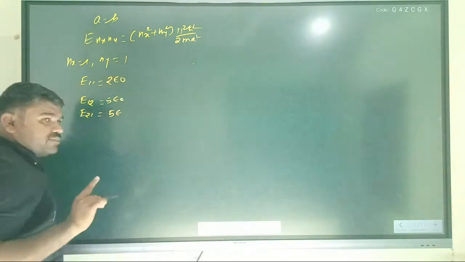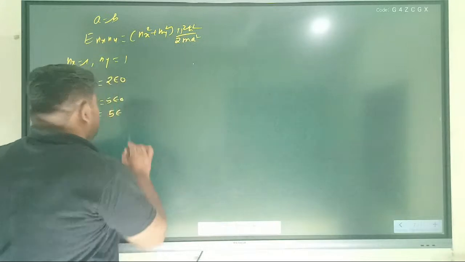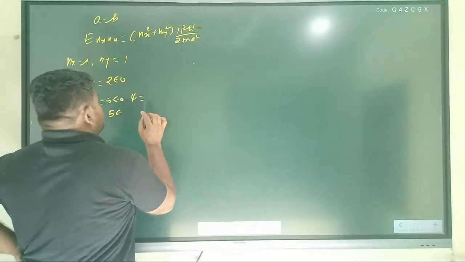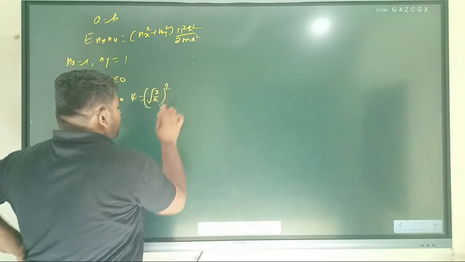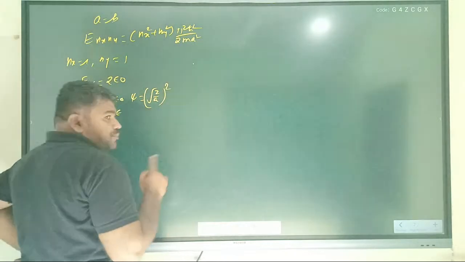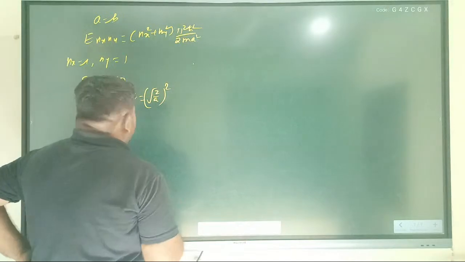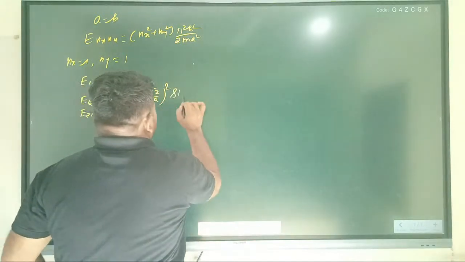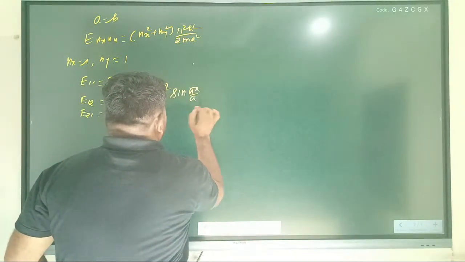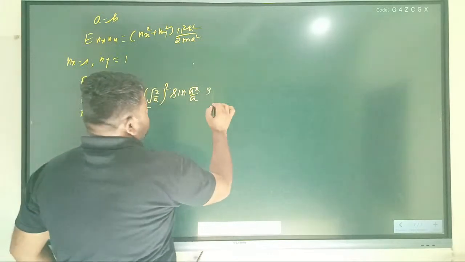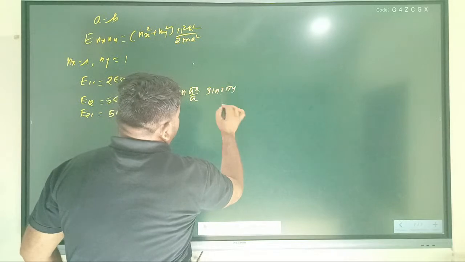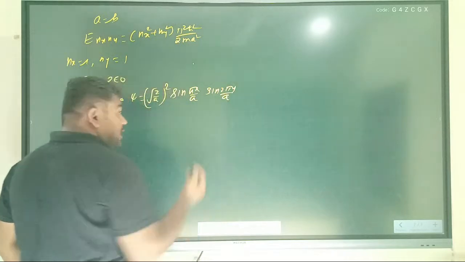Okay, each time, look at what the wave function is for this case. This is equal to root 2 upon a whole square, for both the cases. Root 2 upon a becomes 2 upon a, into sine pi x upon a, because here nx is equal to 1, into sine 2 pi y upon a. Here ny is equal to 2.